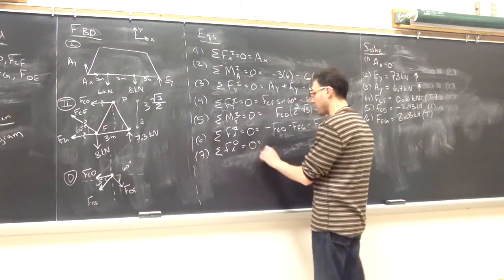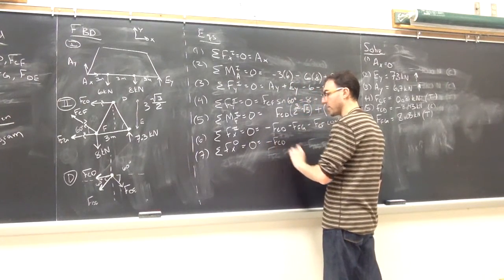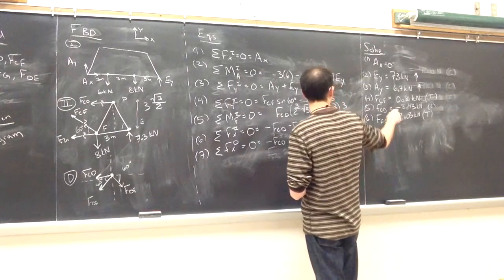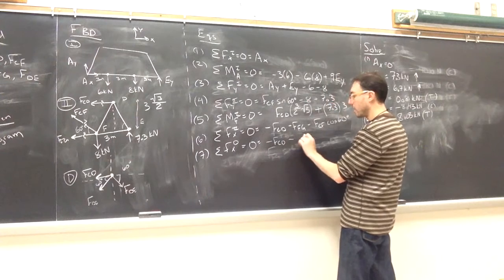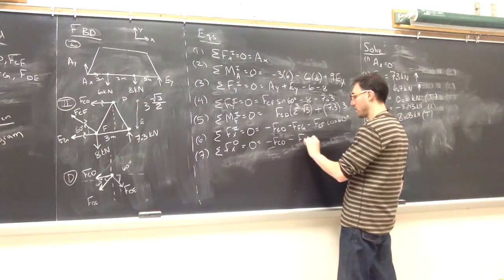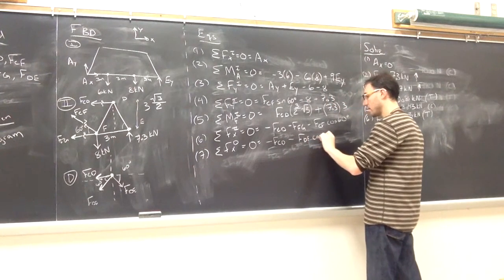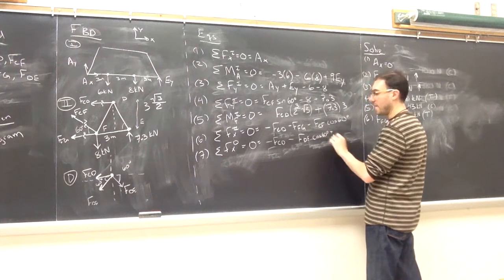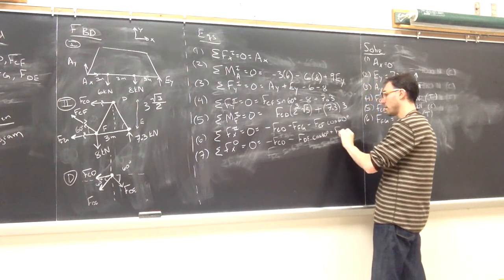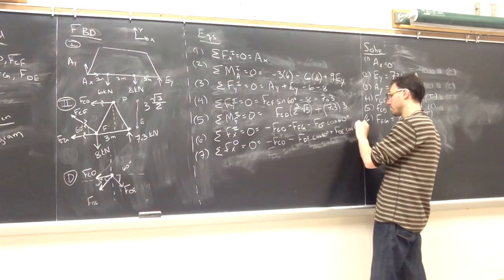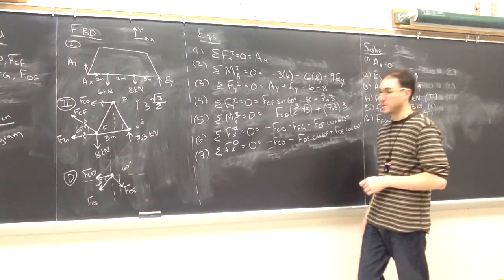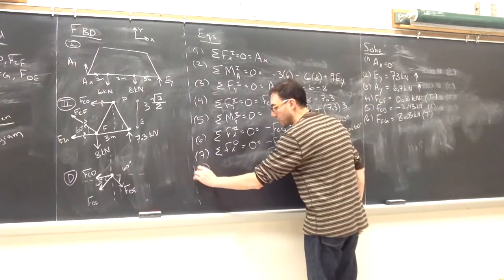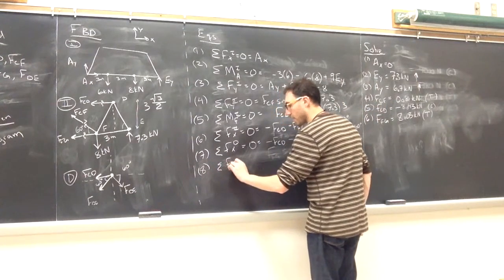Well, if we look in the x direction, we'll have negative FCD, which we know its value was negative 8.43, minus FDF cosine 60, plus FDE cosine 60. So we are still left with these two unknowns in this equation, so we do need the eighth equation to solve for everything.